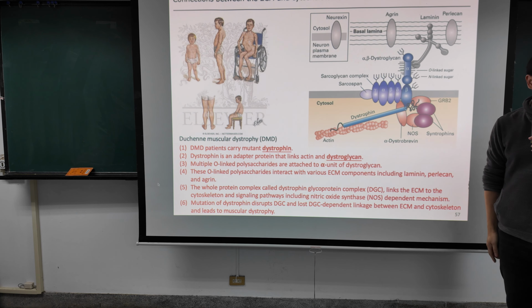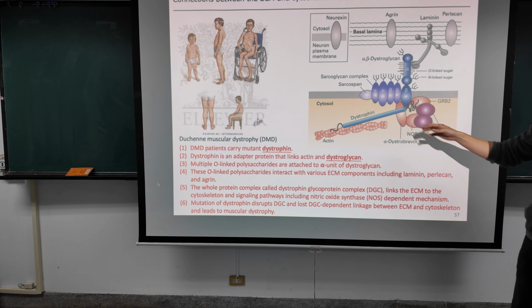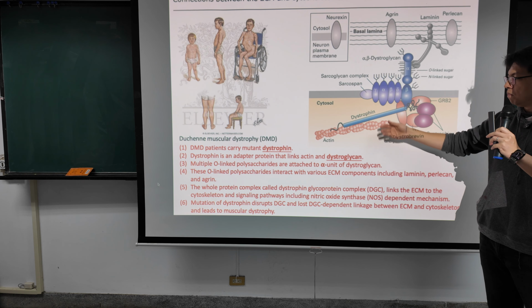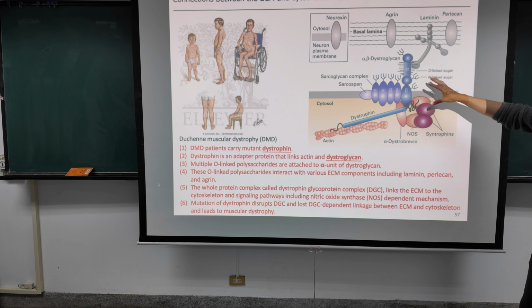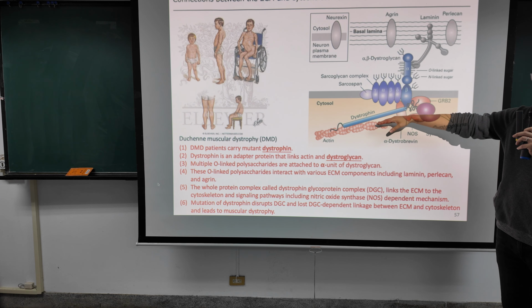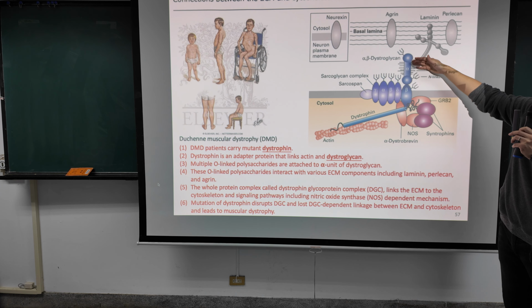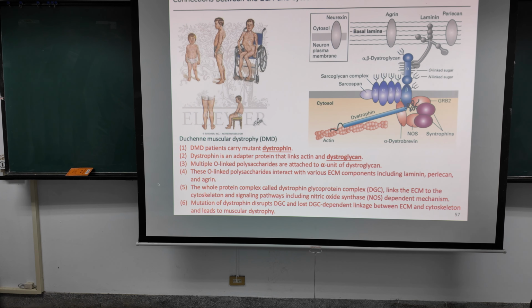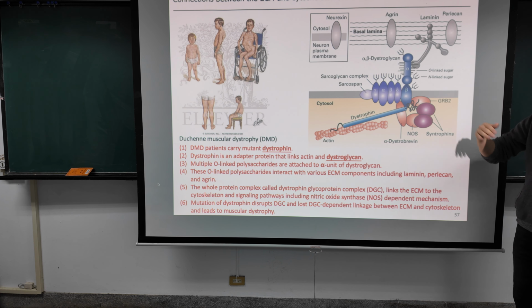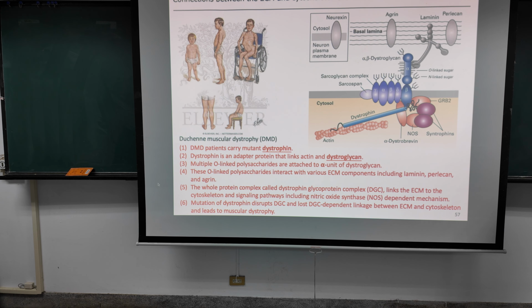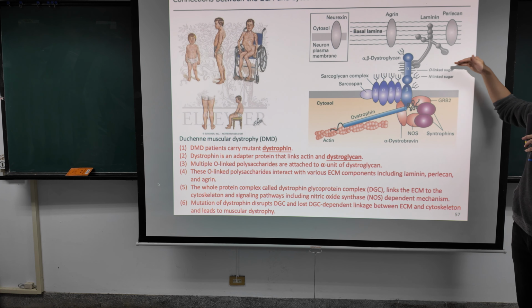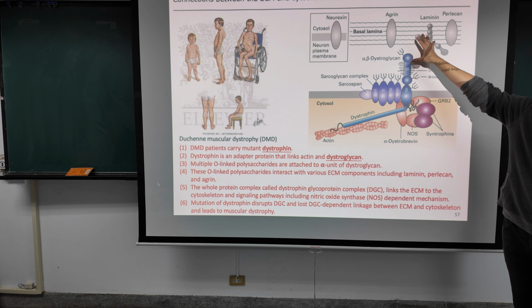Once this dystrophin has a mutation or becomes malfunctional, this complex cannot interact with the cytoskeleton anymore. And it will also lose its interaction with the extracellular matrix. Then, this is a muscle cell, when we move and do exercise, those cells will keep experiencing stress from the extracellular environment.